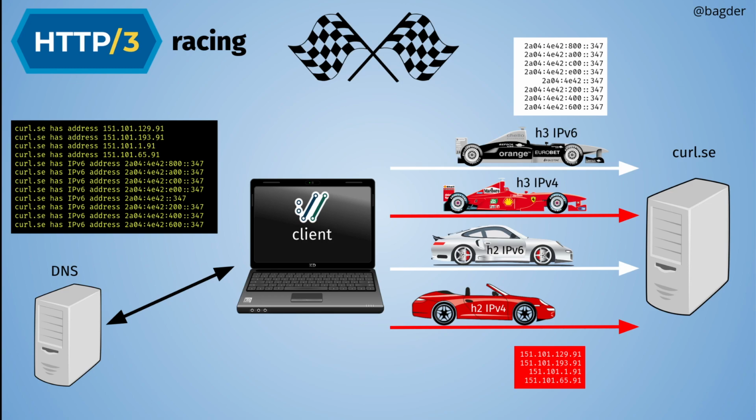It gives H3 a small edge, because in this case you asked for HTTP3 support, right? So you wanted it to be HTTP3, but in case HTTP3 gets problems, it's slow, it's bad, the HTTP3 cars will not succeed, and then the fastest HTTP2 car will win instead.